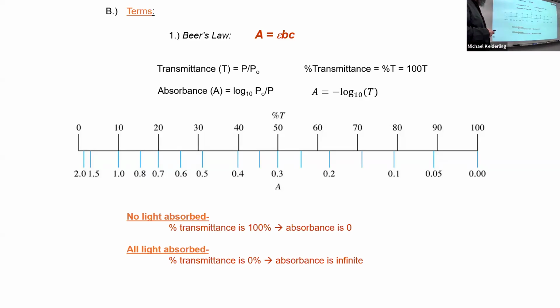But then what did we talk about? It's 10 to the minus absorbance, that power gives you transmittance.